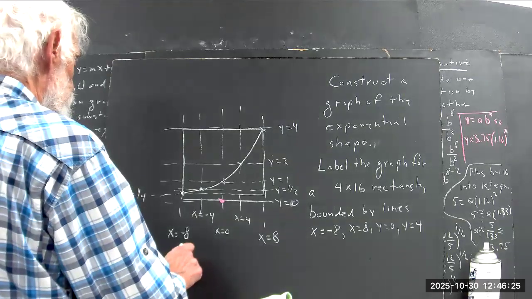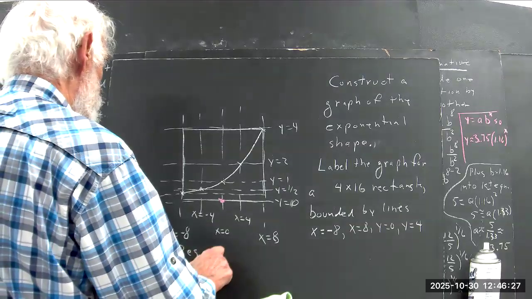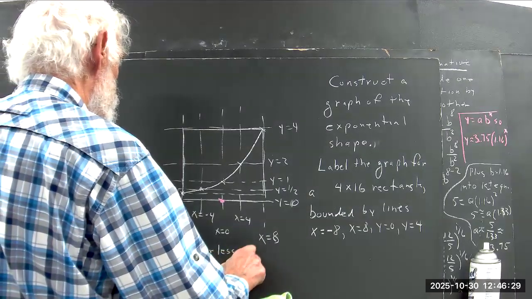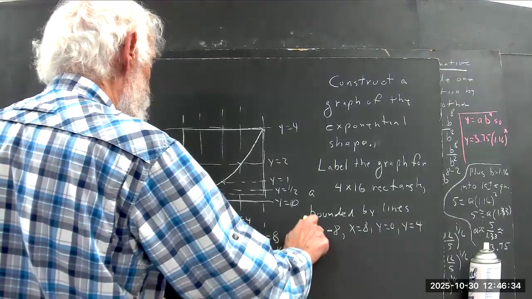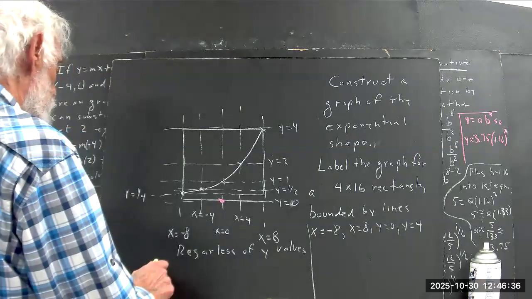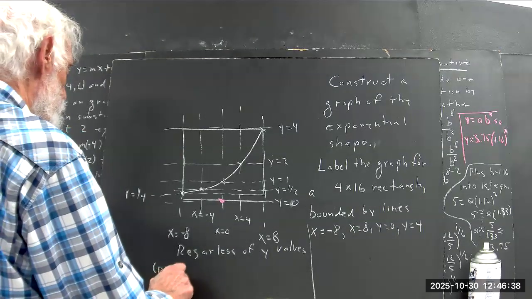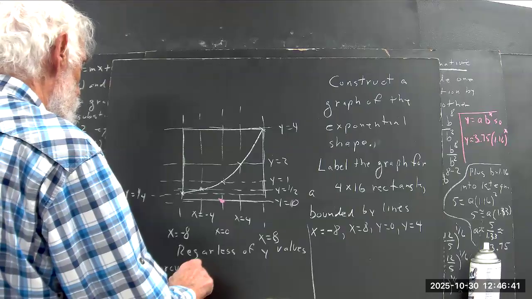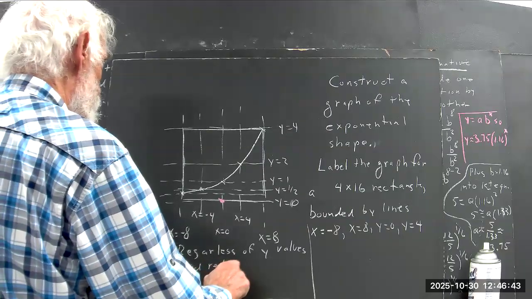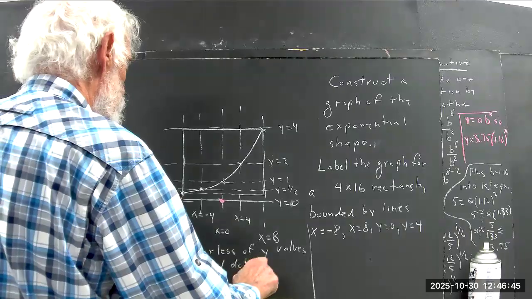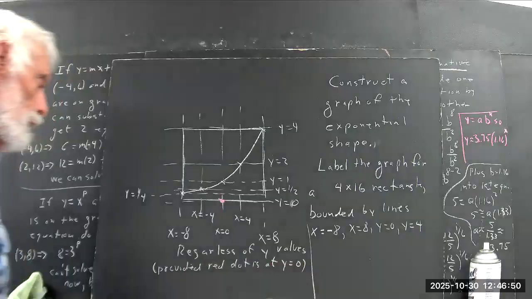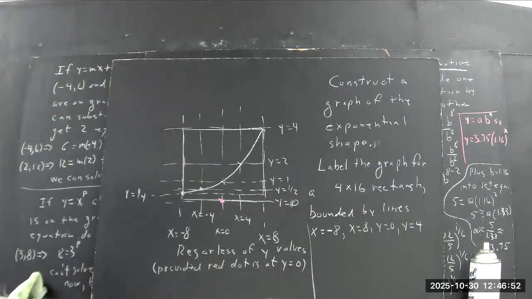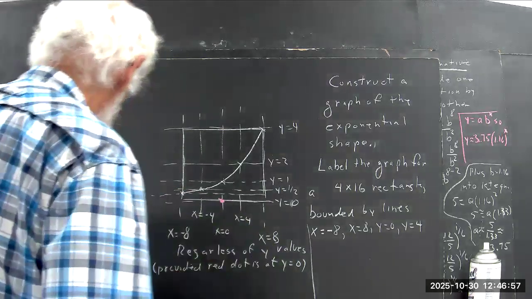So I'm going to say regardless of the y values, and of course, provided that the red dot isn't y equals 0, because if it is, that isn't true.